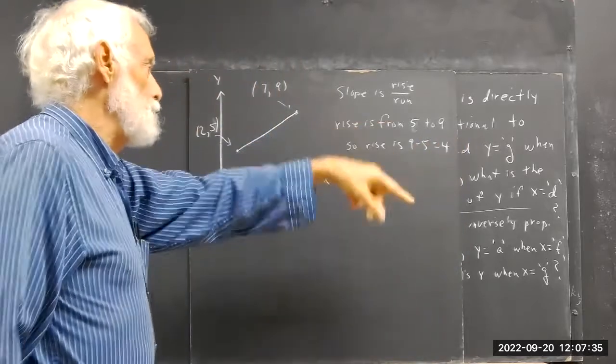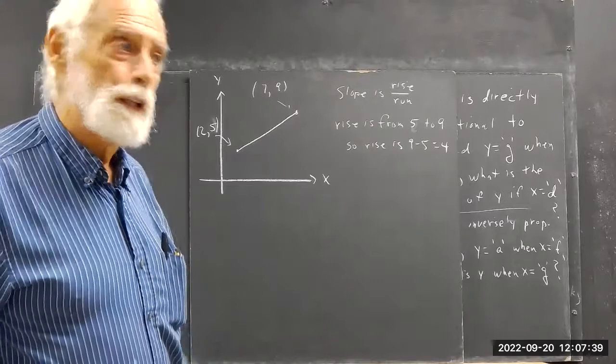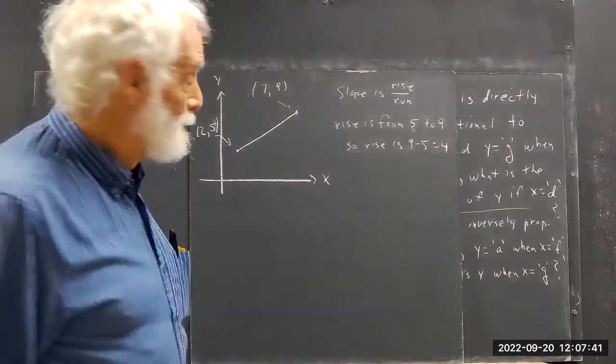If the rise is from 5 to 9, so the rise is 9 minus 5, which is 4. You can count that on your fingers, but everybody knows. Okay.